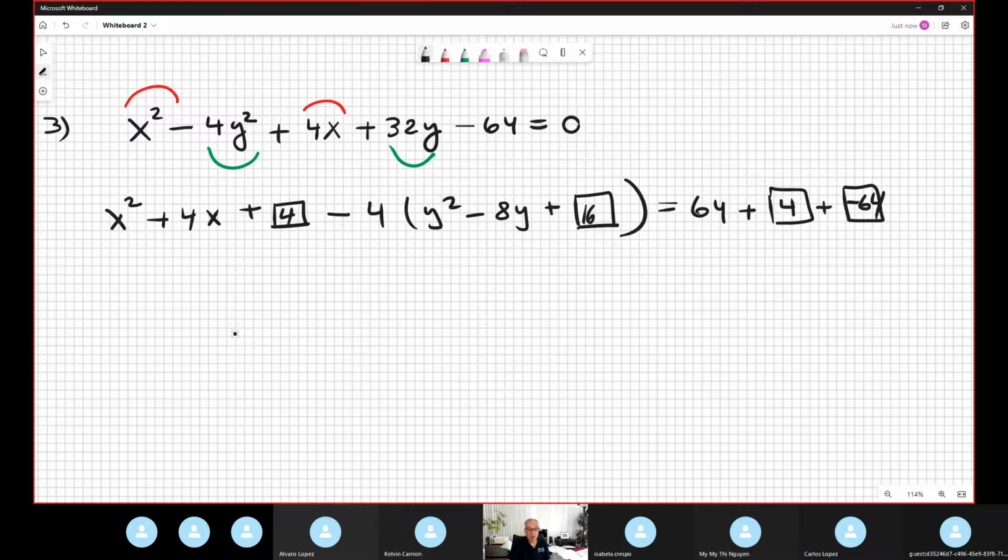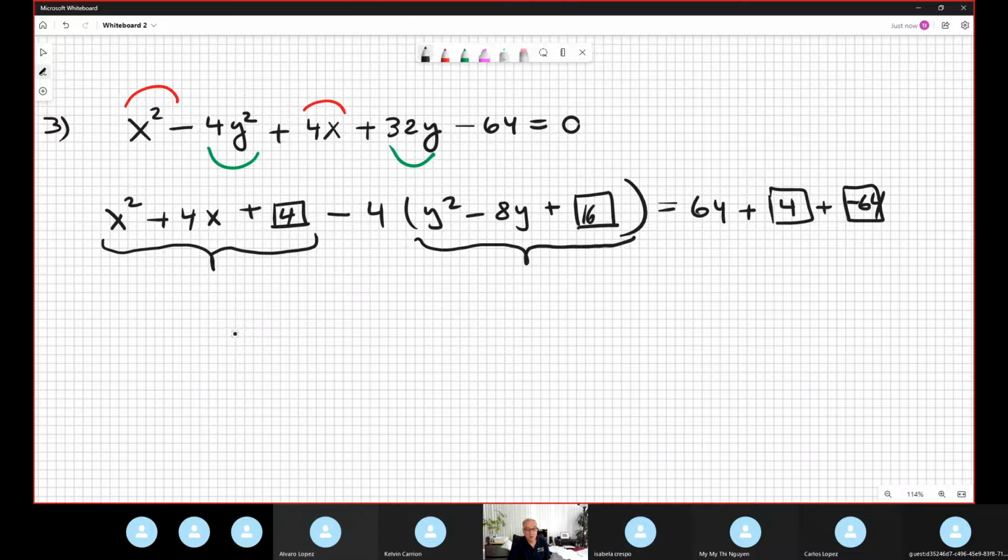Do you see the minus? Minus 4 times 16 is negative 64. I introduce artificially this 16, which is equivalent to negative 64. Therefore, in order to keep the equilibrium of the equation, you put negative 64 in the right-hand side. Do you understand very well this idea?